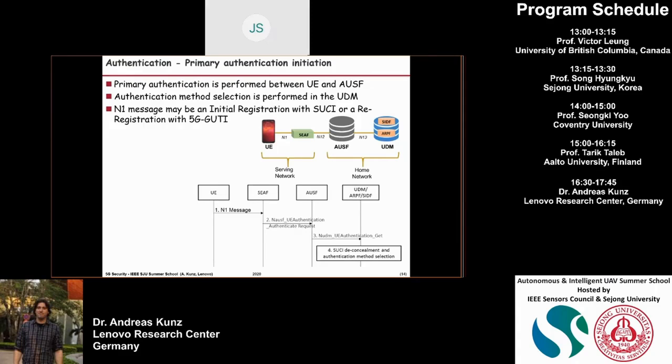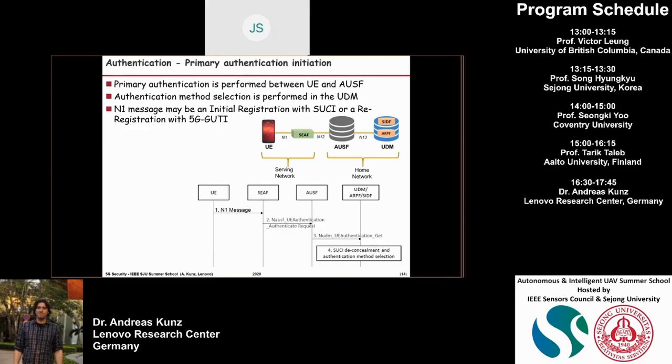And so in the flow here, to trigger the authentication, it would be some initial registration message with a SUCI or a re-registration message with a 5G-GUTI. Whatever it is, the SEAF decides that authentication is required and sends an authentication request to the AUSF, and then asks for an authentication vector from the UDM.